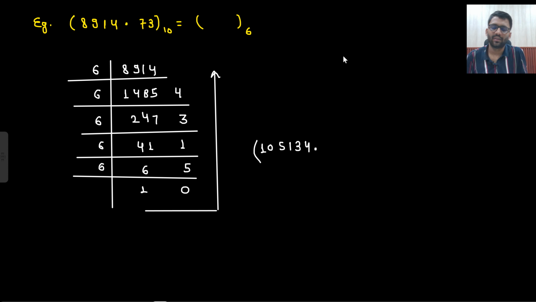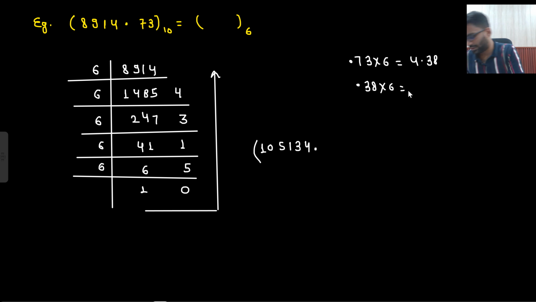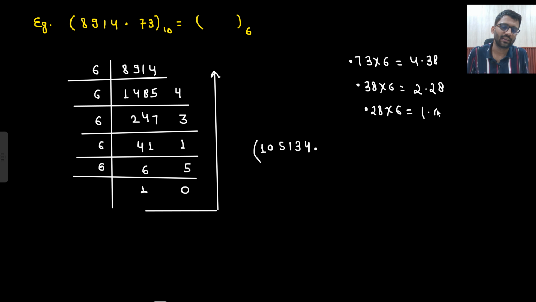Point, I need to write. So 0.73 into 6, 4.38. 0.38 into 6, 2.28. 0.28 into 6, 1.68. 0.68 into 6, 4.08.